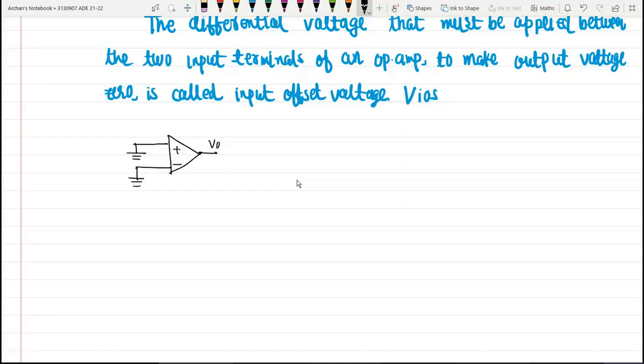But when we measure the output voltage, it will show some value. Okay, it will not indicate the 0 value. So there is some presence of output voltage, and to make this output voltage equal to 0, we need to apply some voltage to the input terminals, and that voltage is known as input offset voltage.